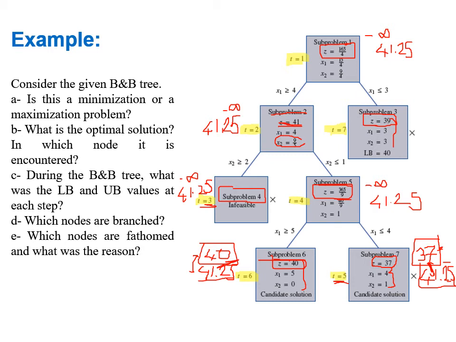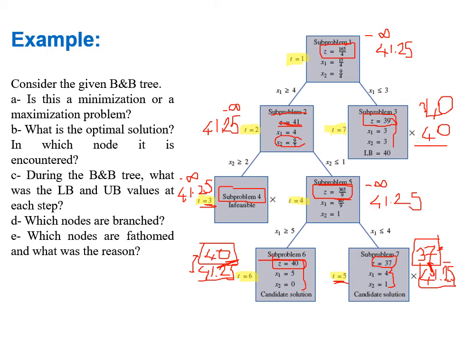So the lower bound here is still 40. Are there any other unexplored nodes? No, there are not, and since this is an integer feasible solution, we fathom this node as well. So this is the final node. It means that the upper bound should be equal to the lower bound, which is 40. So these are the upper and lower bounds.